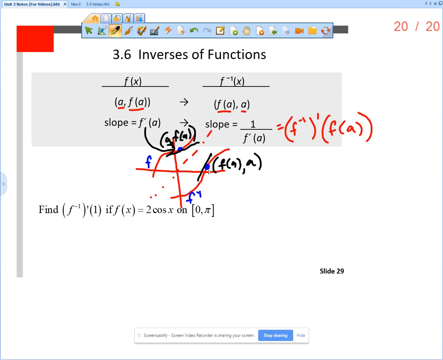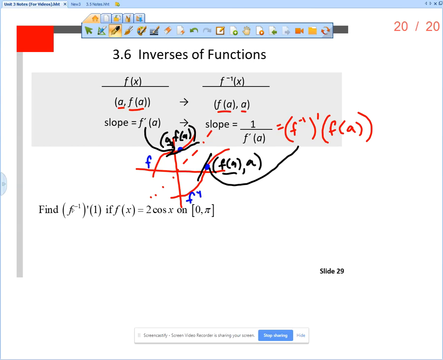So what would the derivative on the right be? Well, it would be f inverse prime of f(a), right? Remember, it's the derivative of the inverse of f at that particular x value, which happens to be f(a). So that will be very helpful in looking at this.